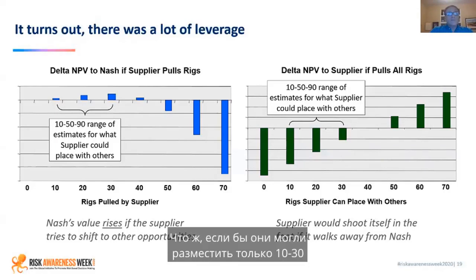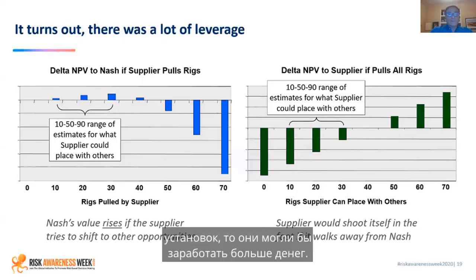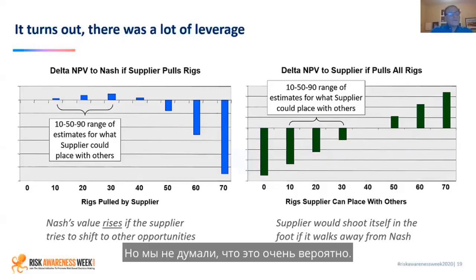Well, if they could only place between 10 and 30 with others, then they would definitely, as we would expect, be shooting themselves in the foot. Now, if they could actually place more than 40 with other producers, then they could make more money. But we didn't think that was very likely at all.